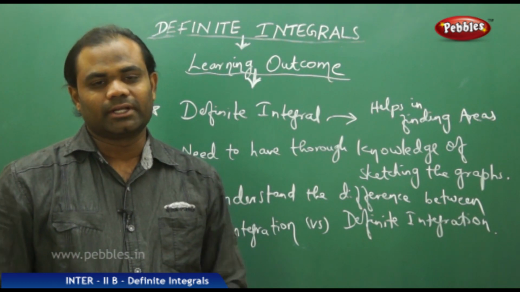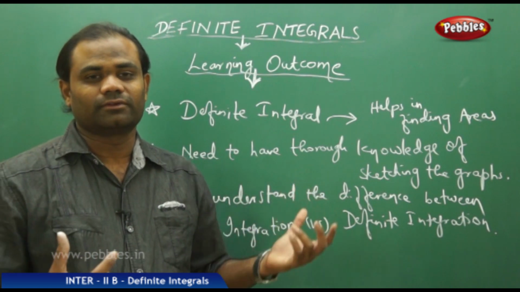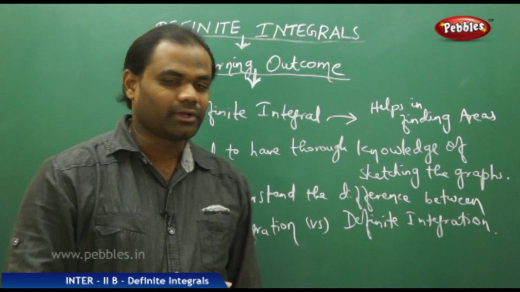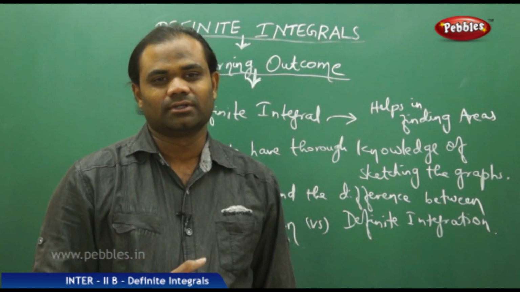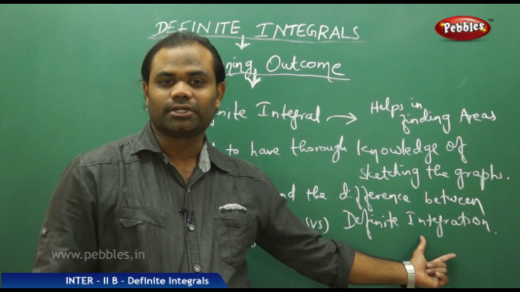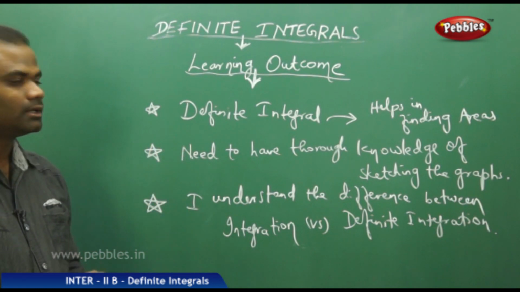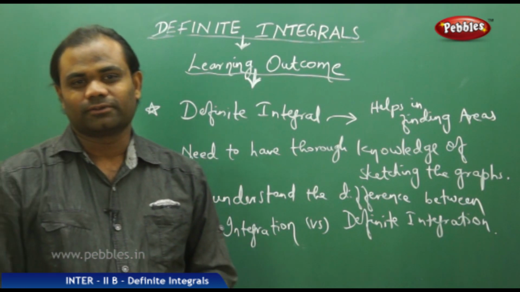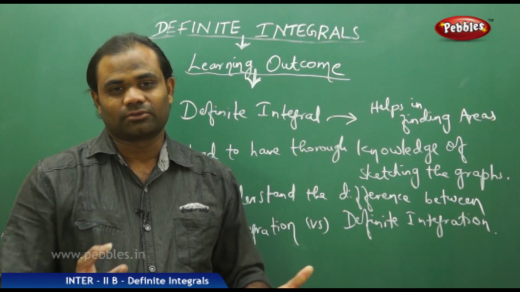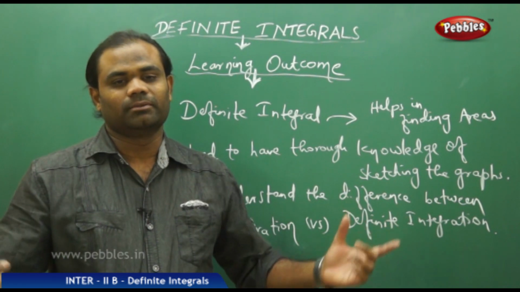That means it can accept any c. So different answers are obtained for the integration which we solve. But definite integration is a fixed constant, it does not change. This changes with c. This does not change with c. This is how we come to the learning outcome in the topic of definite integral. Definite integration is part of integration which helps us in finding the areas bounded between two lines.